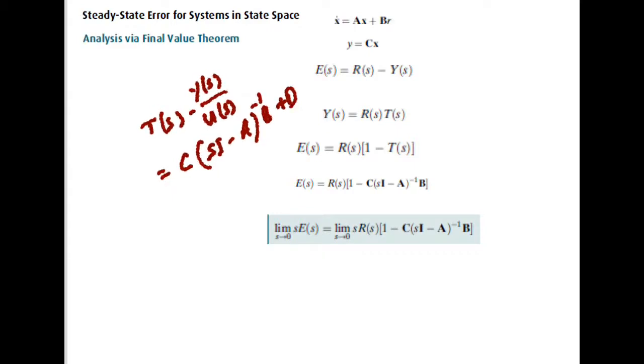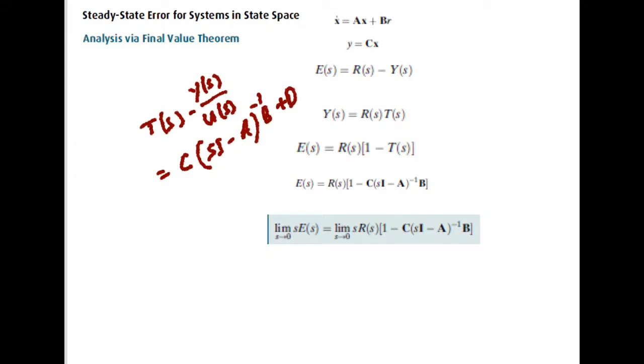There are two methods used for finding the steady state error for a system in the state space. The first one is the analysis via the final value theorem, and the second is the analysis via input substitution. Now, analysis via the final value theorem.